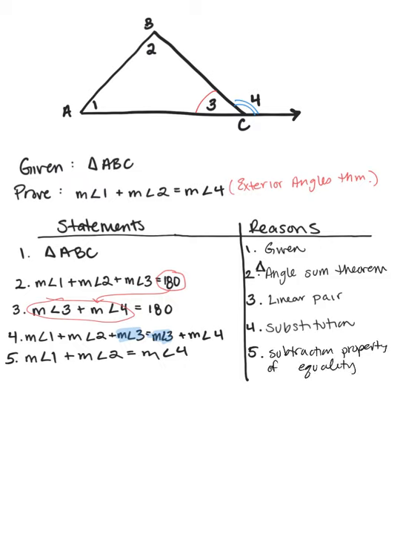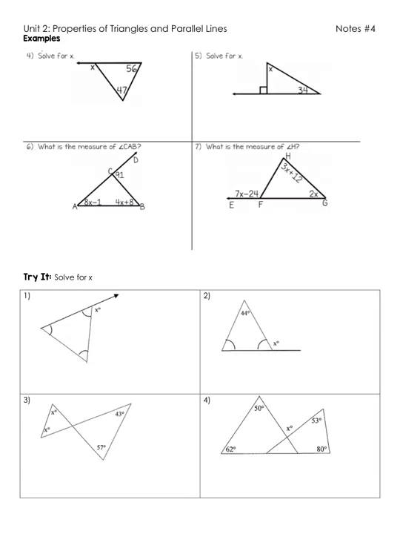So now we know why these theorems work. Let's apply them to a problem. So on our examples, we are going to be solving for x using the exterior angle theorem.